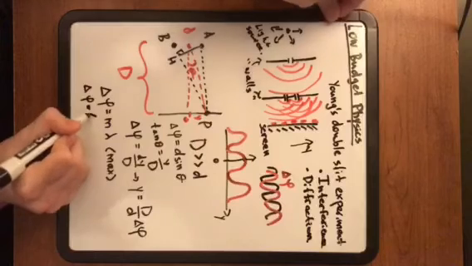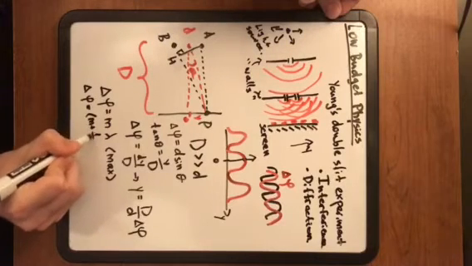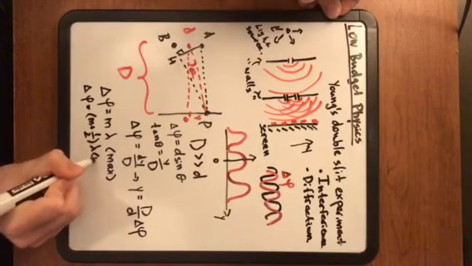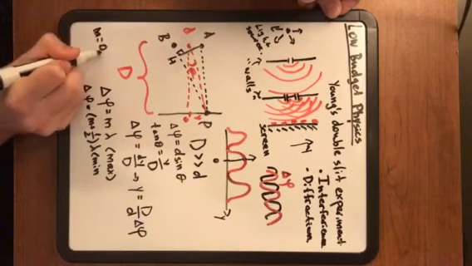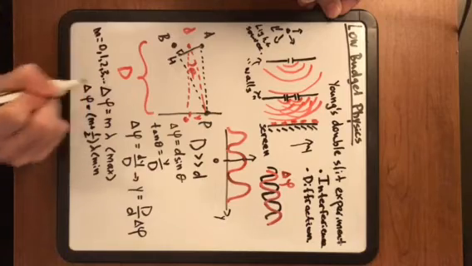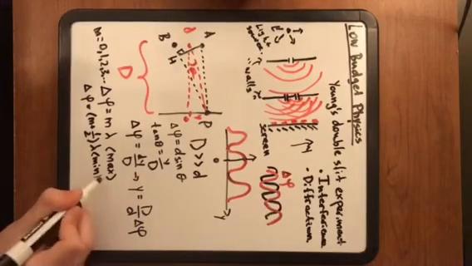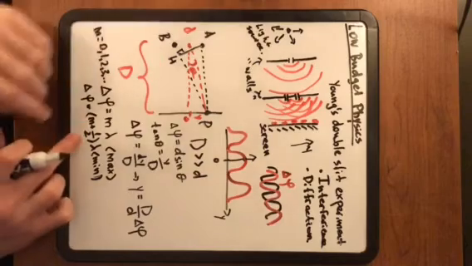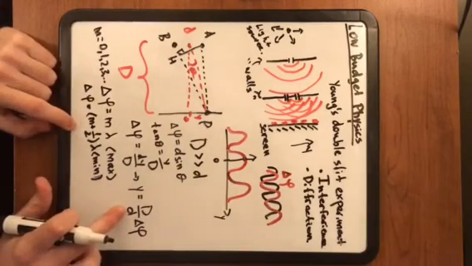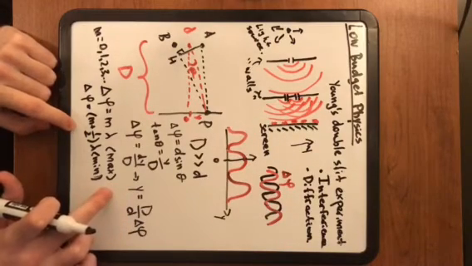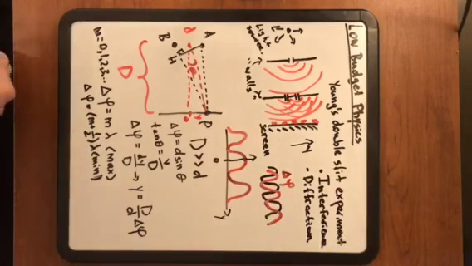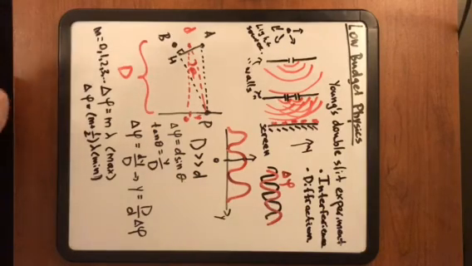And it's going to be minimum if it's in the form m plus 1/2 times lambda, where m is the integers 0, 1, 2, 3, and so on. So from here we know that we can plug it back there, and we will get the positions of y, where the intensity will be at maximum and where it will be at minimum. And this, ladies and gentlemen, concludes the interference part of the double slit experiment done by Young.